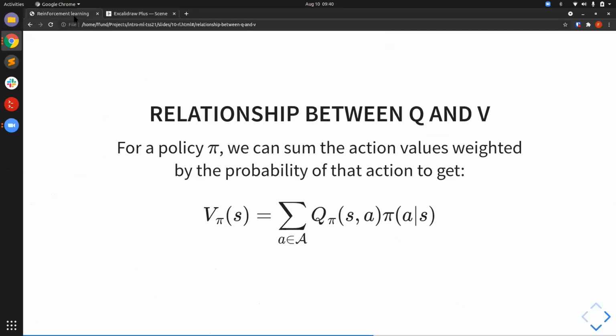For that policy, let's think about what the value function of state 4 would be.